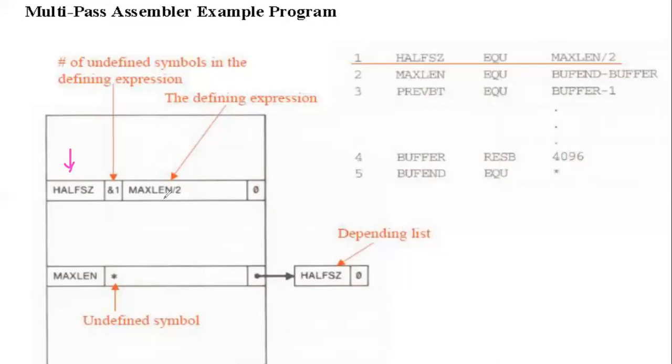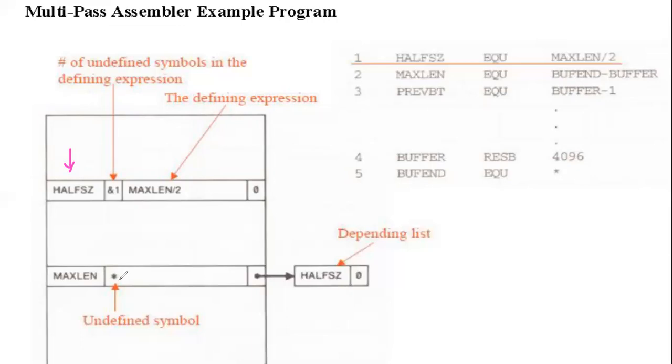Now we'll go for the next value, the maximum length, which is equal to buffer end minus buffer. Here we are using max length, which is also a symbol, so we enter it in the symbol table one more time. Star means it is an undefined symbol.